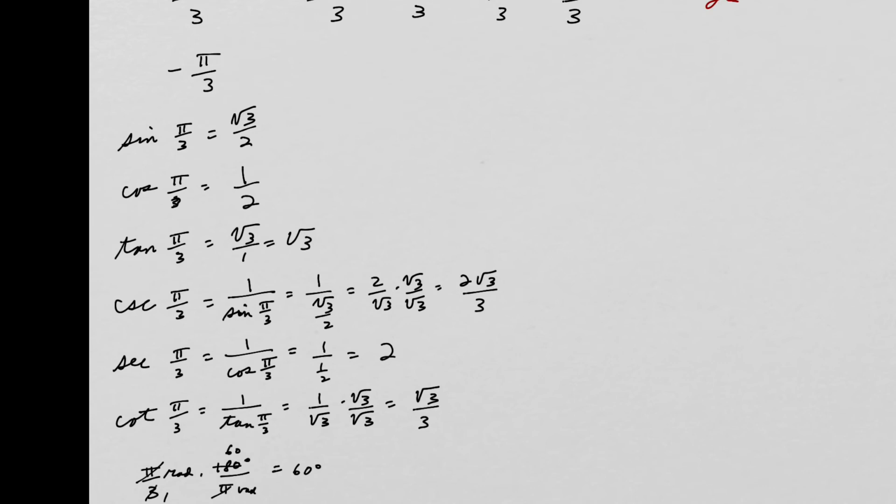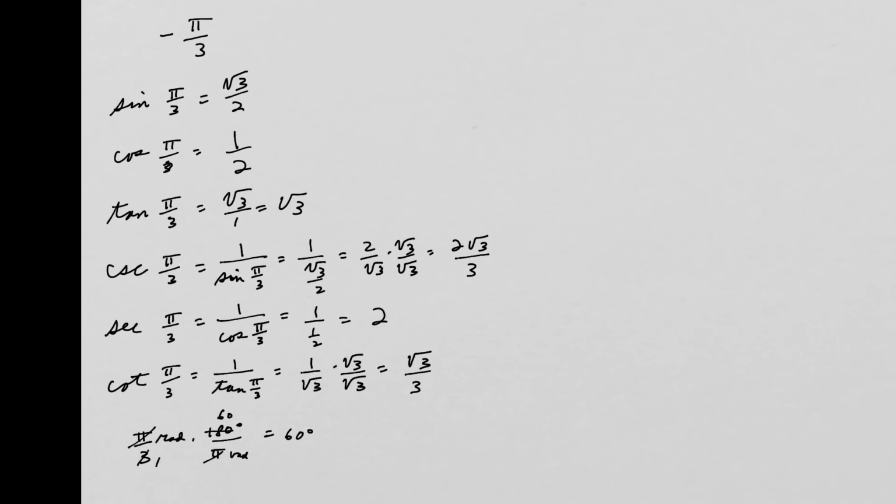So then remember that the trig functions of the actual angle that we were interested in was sine of, what was it, negative 13 pi over 3, right? And then cosine of negative 13 pi over 3.